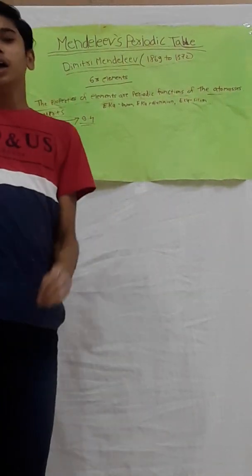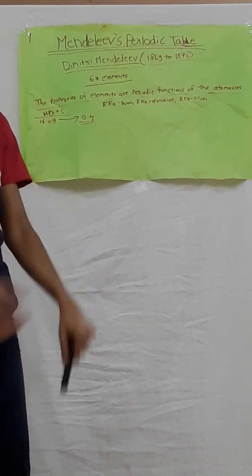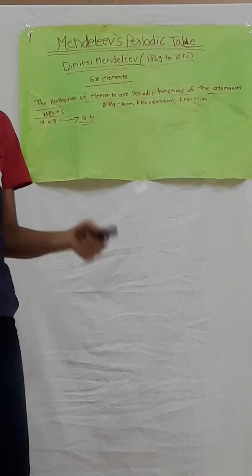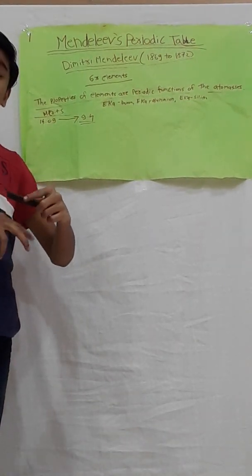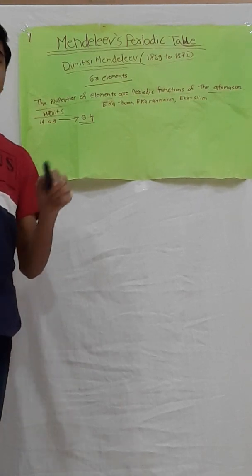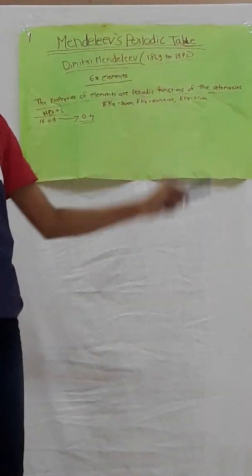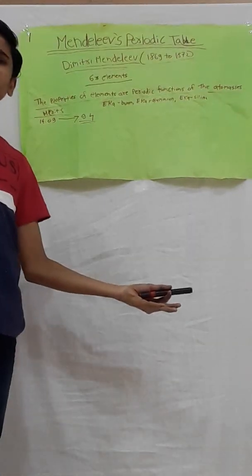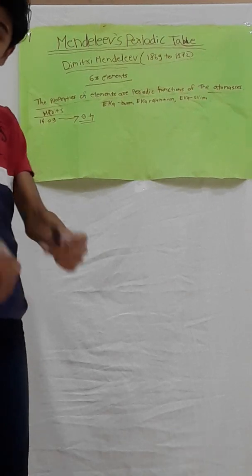Okay, Mendeleev kept the vacant places in the periodic table, and he gave names to the undiscovered elements as Eka-boron, Eka-aluminum, Eka-silicon.